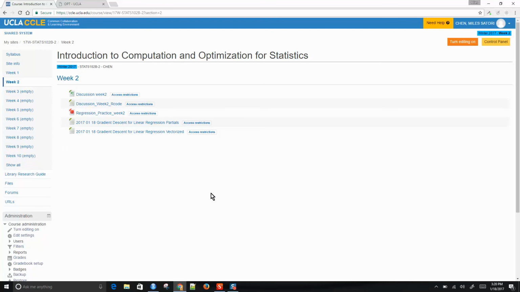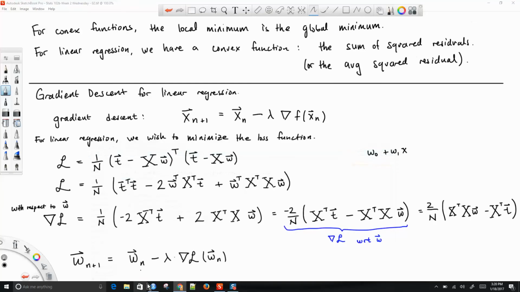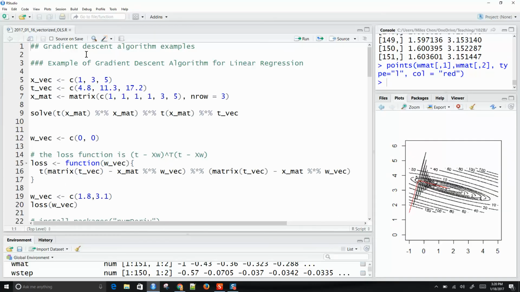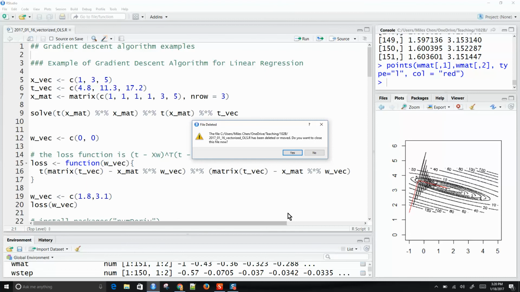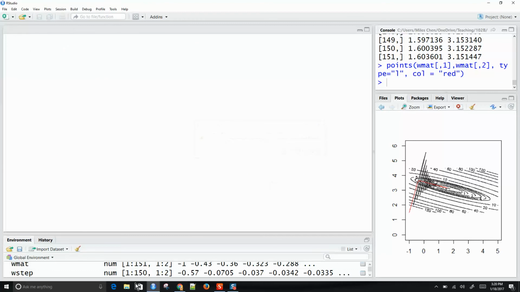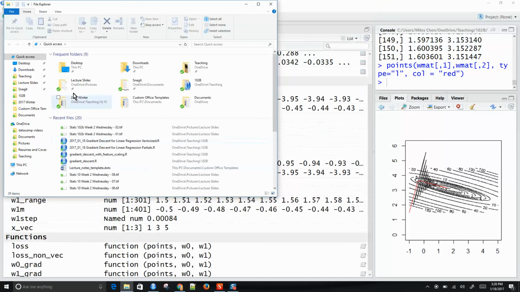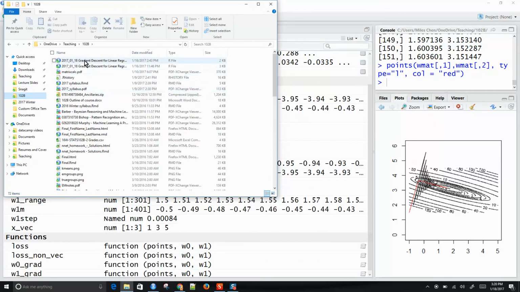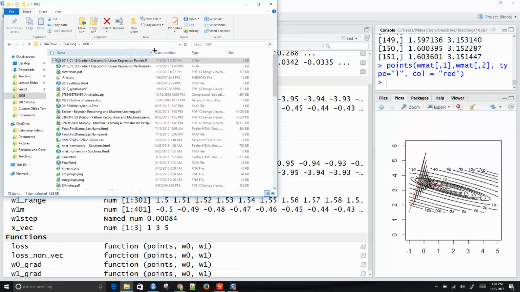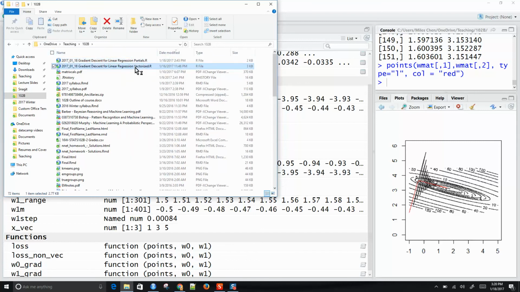And then there's also gradient descent vectorized. So that code should be there, okay? And so here's our vectorized thing. Okay, so we want the vectorized one.